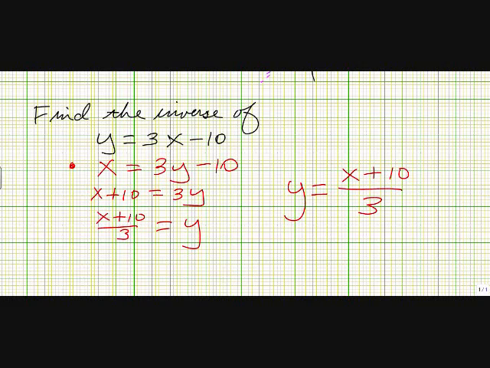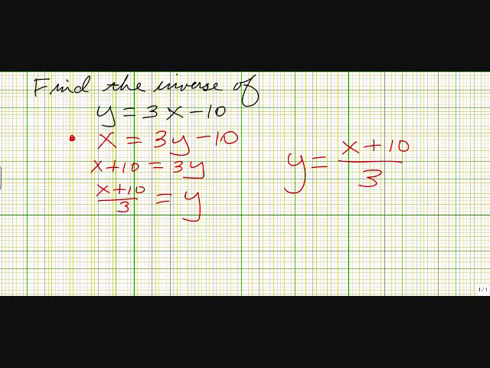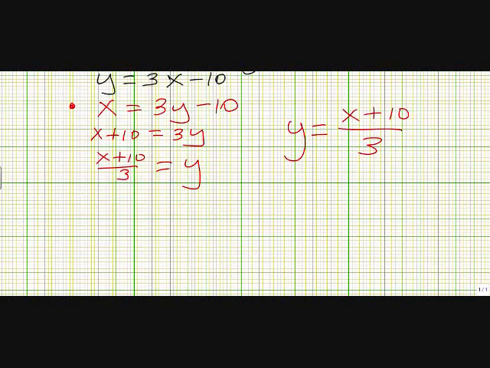Okay, let's do that again with a little bit harder function. So let's find the inverse. We like things to be in function notation, so we tend to solve for the y.